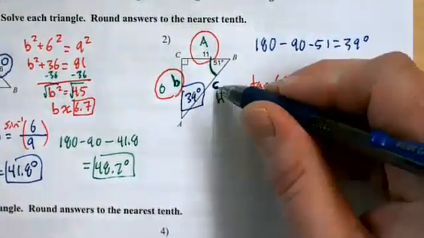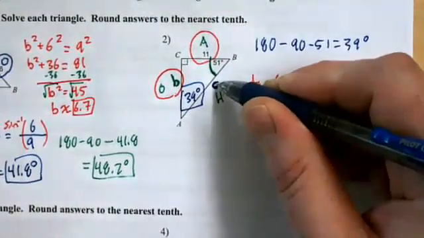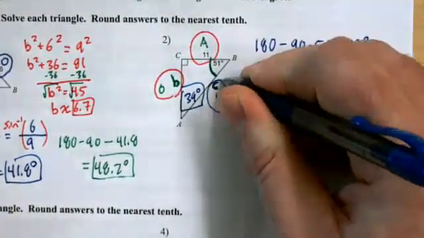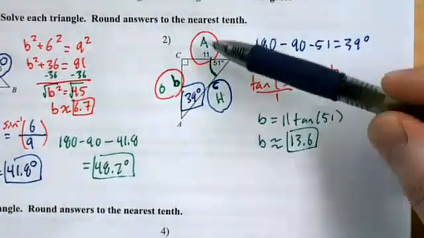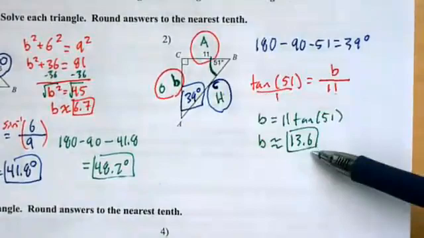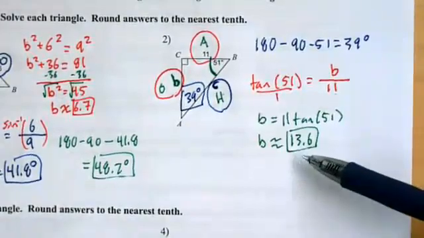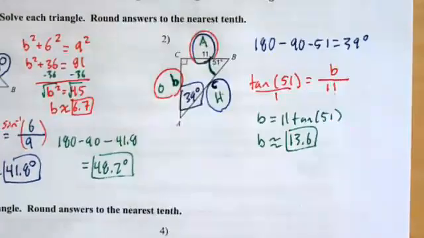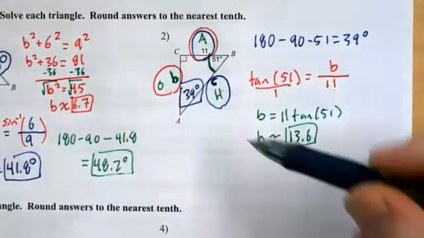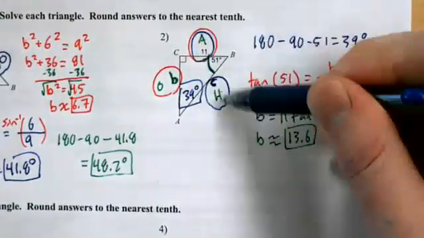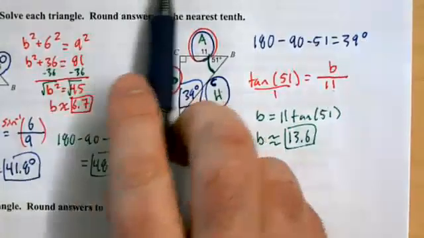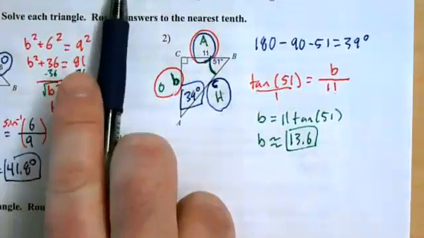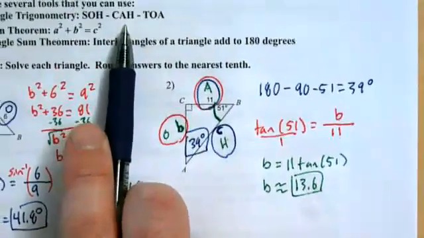Okay, let's solve for C here. That's my hypotenuse. Now, do I want to use the 11 or do I want to use the 13.6? What would be the safer move? Let's go with the 11 because that was in the original problem. So adjacent and hypotenuse would be sine, cosine, or tangent? Adjacent, hypotenuse is cosine.